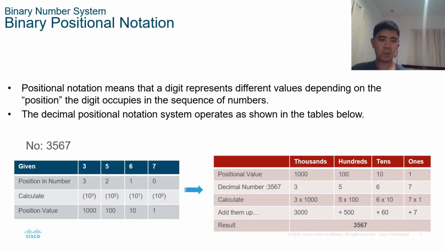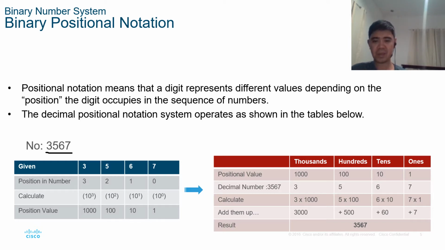We were taught during our elementary days, say if we have the number 3,567, this 7 is in ones, in exponential notation 10 raised to 0, and 6 is in tens, 10 raised to 1, 5 is in hundreds, 10 raised to 2, and 3 is in thousands, right?